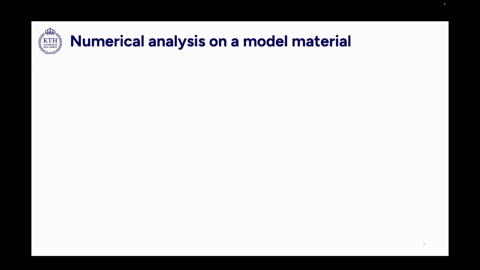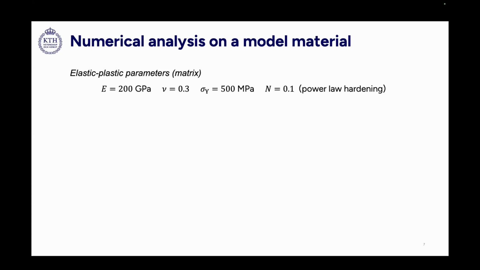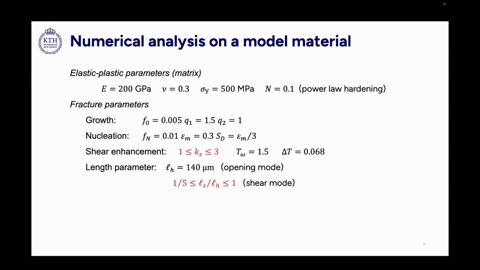With that in mind, we started with a numerical study of how this model works and how these parameters behave. The material we looked at was an elastic plastic material. As I mentioned, we are accounting for void growth, nucleation, and shear enhancement together with these two lengths.